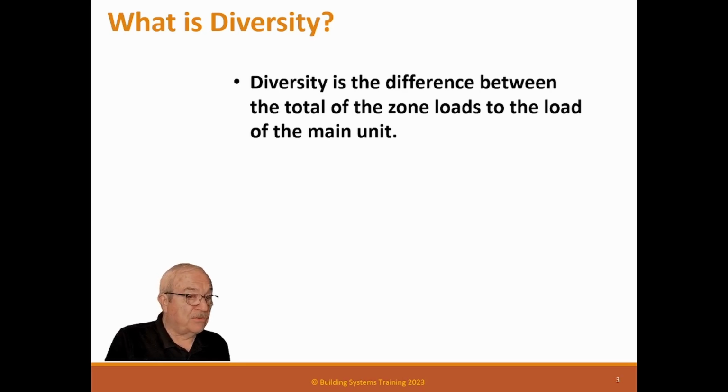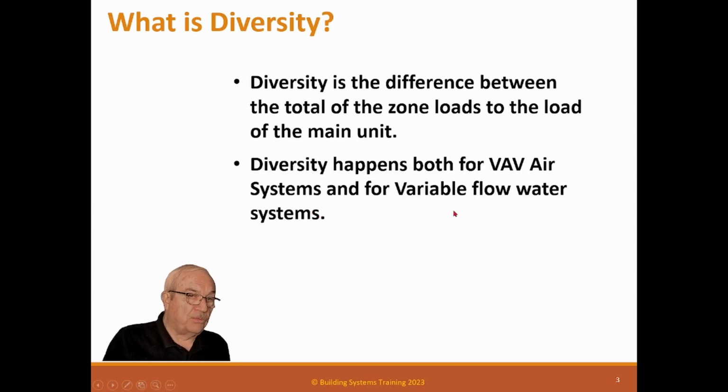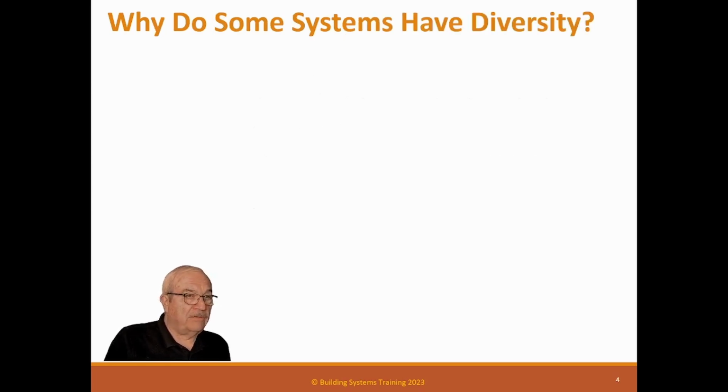The diversity comes in when he has more zone load than he has main load. Diversity happens for VAV air systems and can happen for variable flow water systems. It's more unusual for a chilled water system to have diversity, but not impossible. So those two can possibly have it.